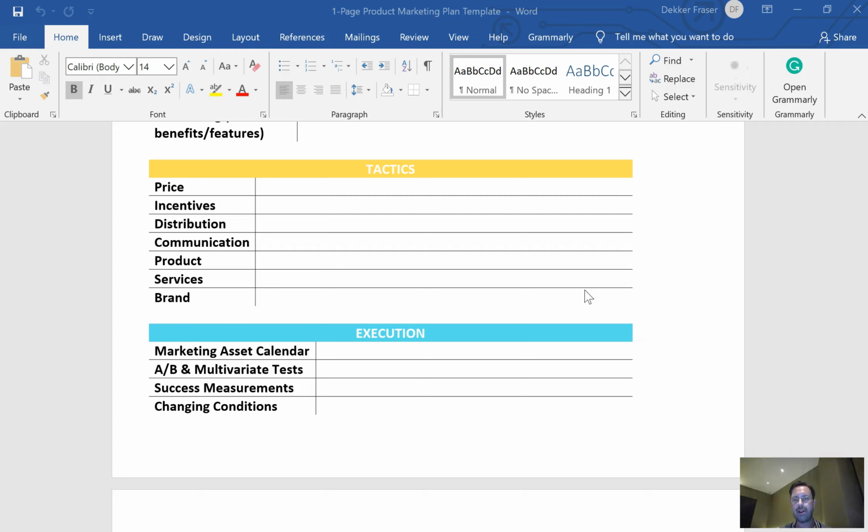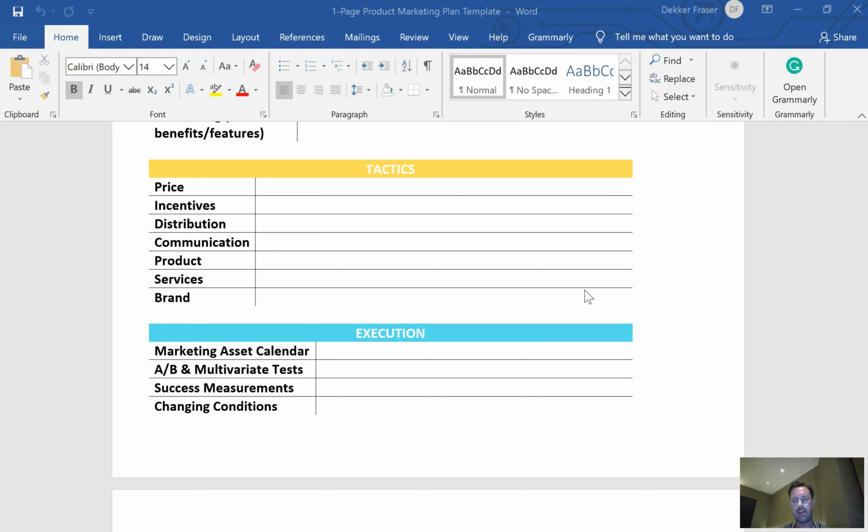Now, the last part of your product marketing plan is the execution. So product marketing managers are the hub of marketing, and the different spokes are the specialists. So one of the most important things is that you take ownership of the execution. And that means having a marketing asset calendar.